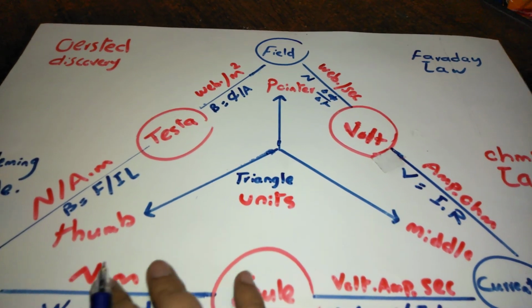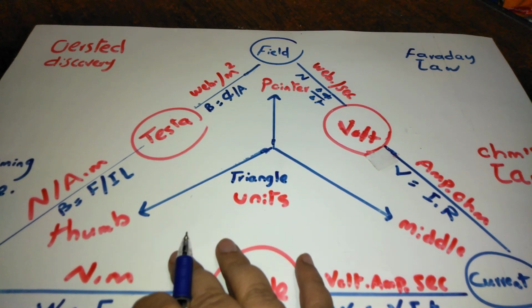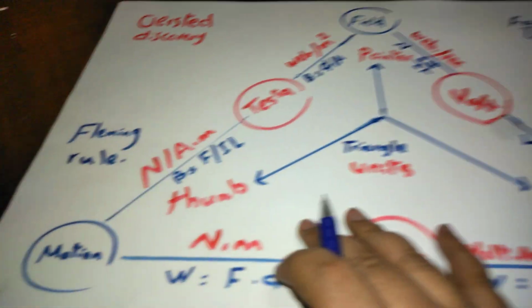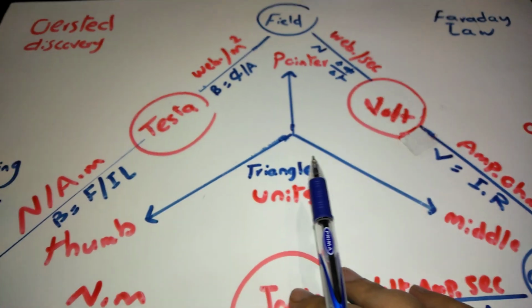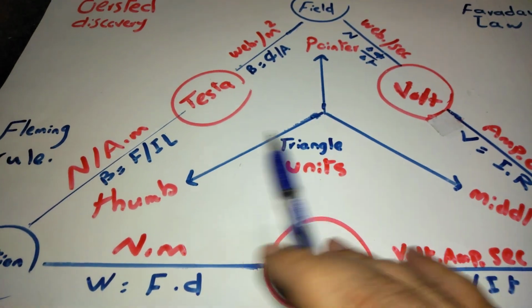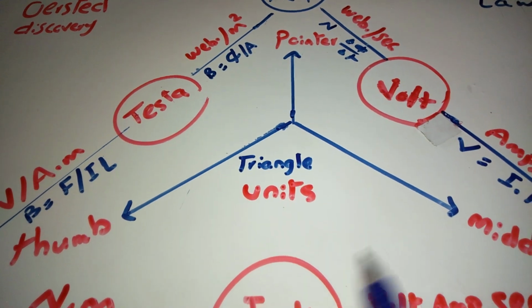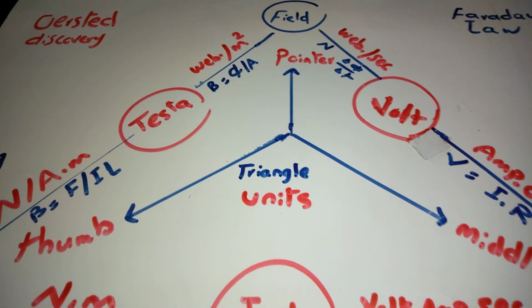The main concepts in our physics, especially classical physics, consist of three main concepts, which are motion, field, and electric current. And here we have the connecting chart, in which the connecting units will connect these concepts with each other.